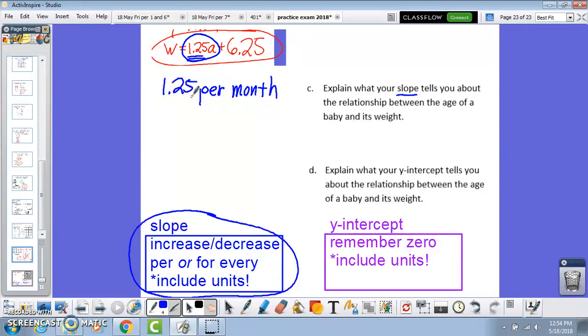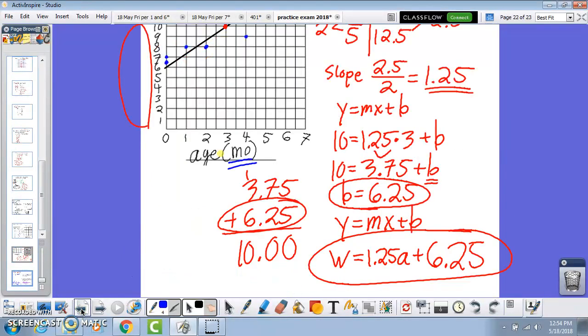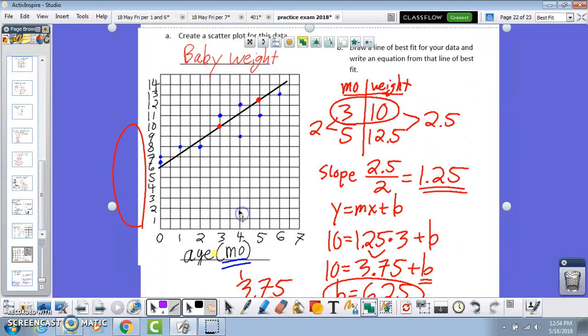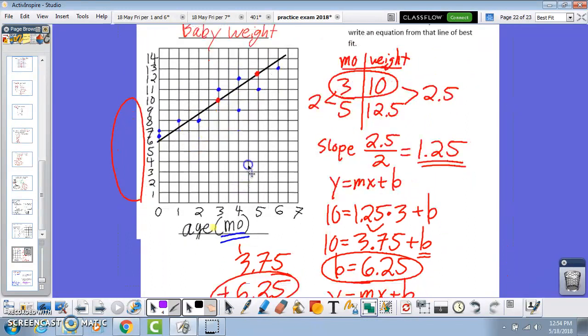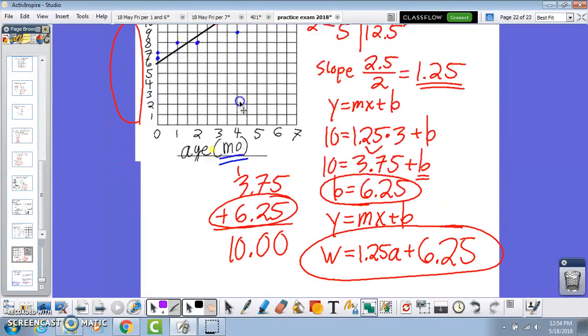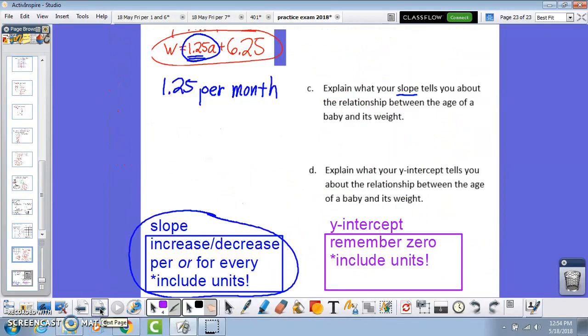And then we should ask myself, now, is this slope, am I talking about an increasing relationship or a decreasing relationship? And we can see that our line is increasing and our slope is positive, so we should be talking about an increasing relationship.